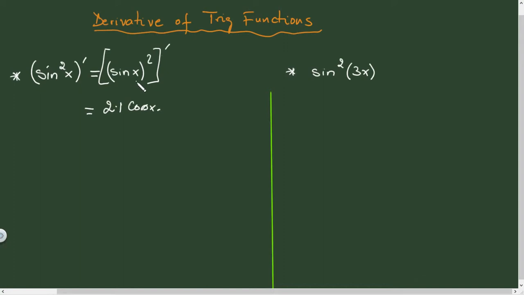Then we reduce the power to sine of x to the power of 1. The whole thing gives us 2 cosine of x sine of x, and that's the derivative of that trig function.